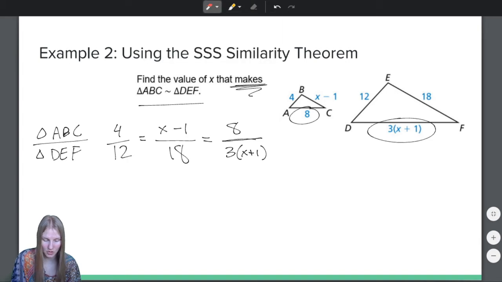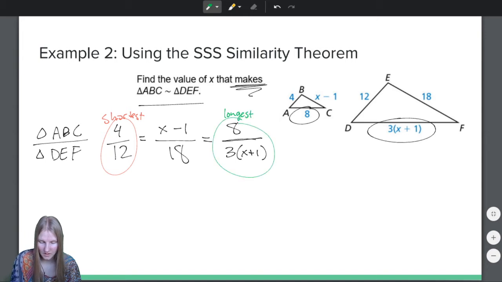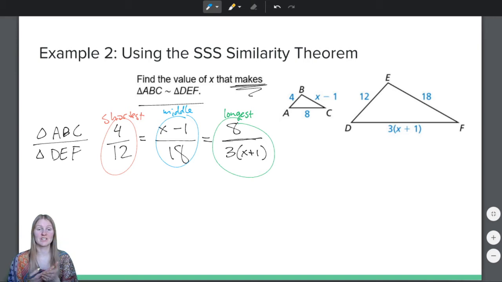We have the shortest sides here. We have the longest sides here. And then we have the middle sides here. So this would need to be true.